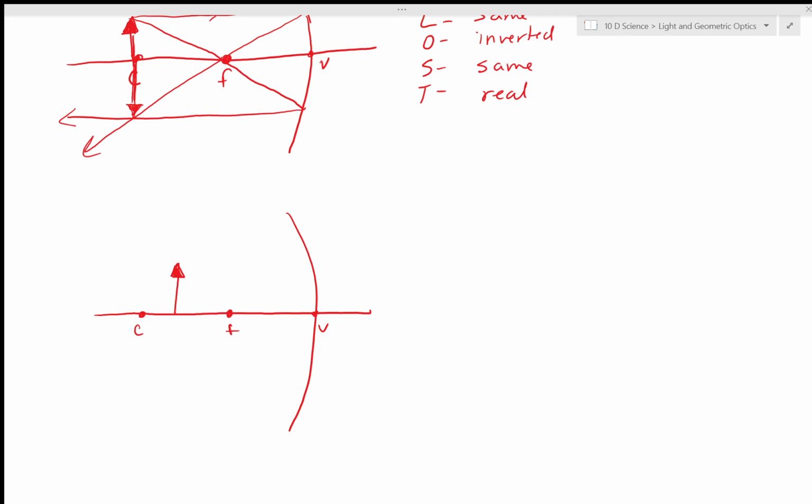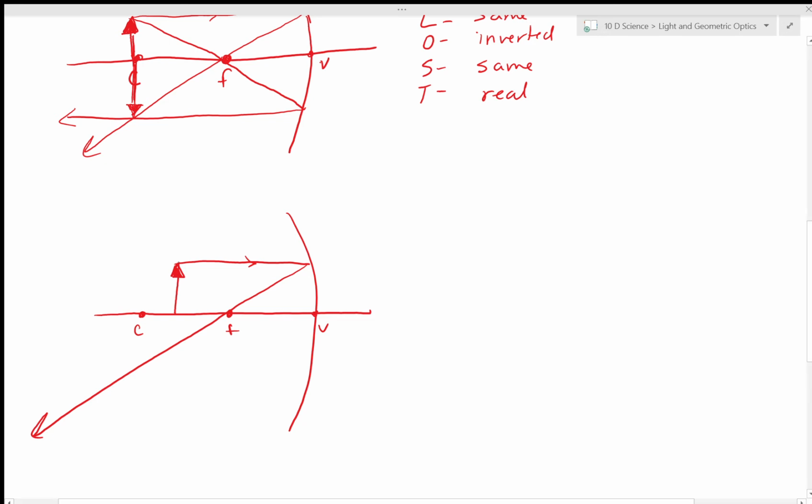All right, hopefully that all worked out for you, and hopefully you get this as your answer. So the first light ray always leaves the tip of the arrow, travels across parallel to the principal axis, strikes the reflective surface, and reflects through the focal point.